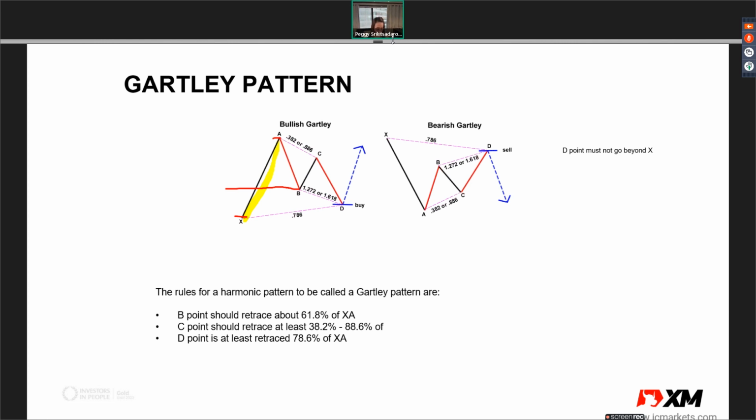So the C point should retrace at least 38 to 88% of AB, meaning you take the Fibonacci from the A point, pull it from here, and you will get the retracement of at least 38 to 88%, and then you will get the C point.